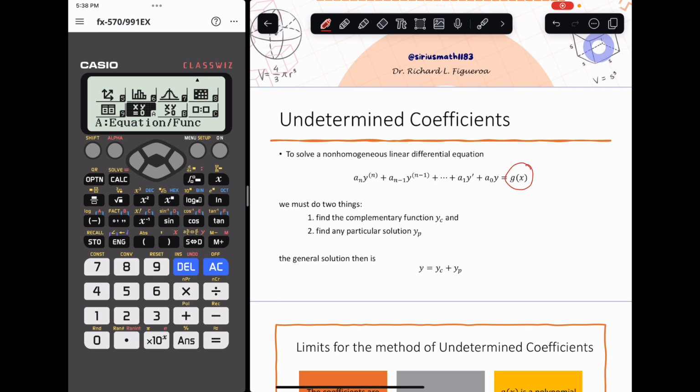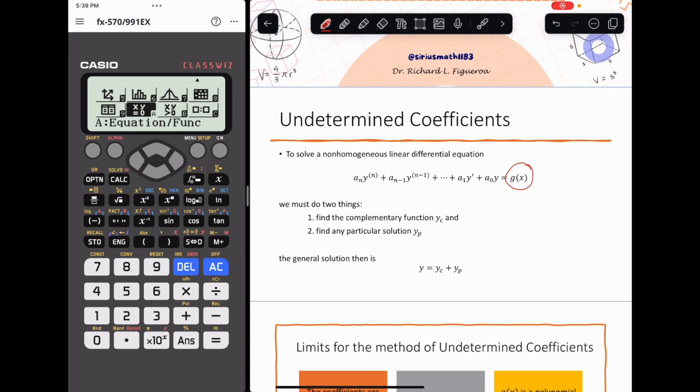Then for our particular solution yp, this is different from the particular solution whenever we are solving for the initial value of a given differential equation. This time around, the particular solution is the solution for the g of x part of the non-homogeneous equation.